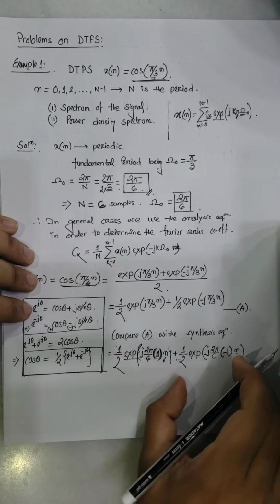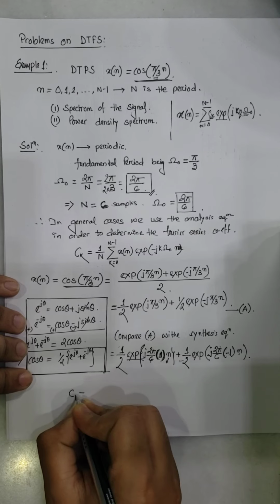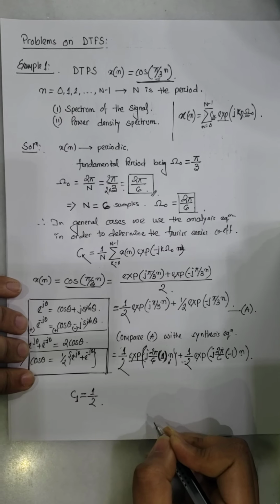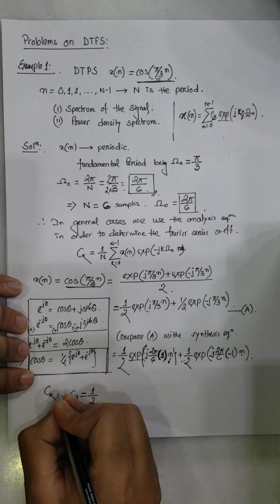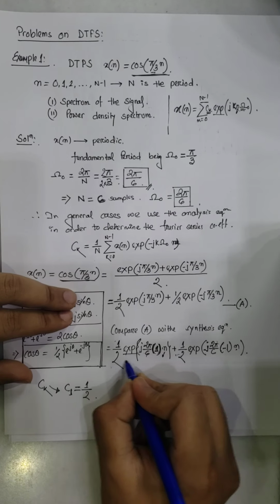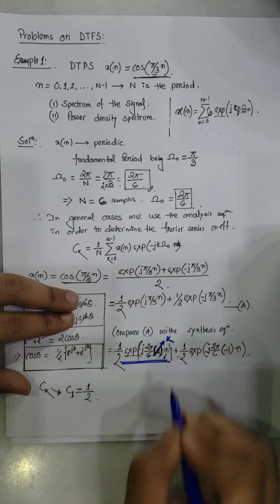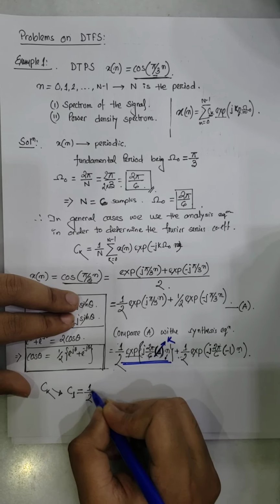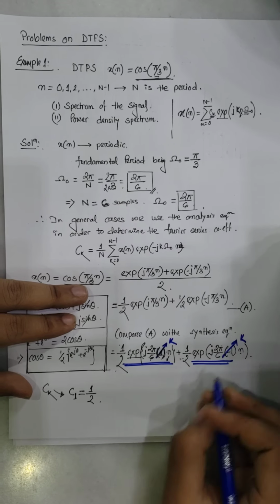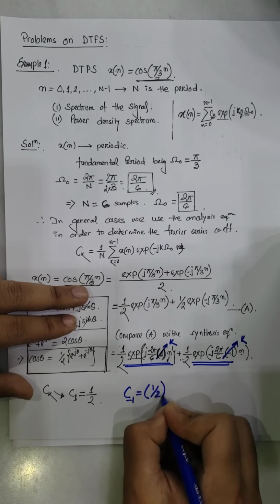So if we compare these two equations, we can easily write down that c of 1 equals half, since in this part of the expression the value of k is 1. And consequently, in this part where the value of k is minus 1, c of minus 1 is equal to half as well.